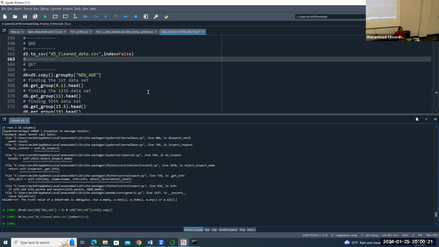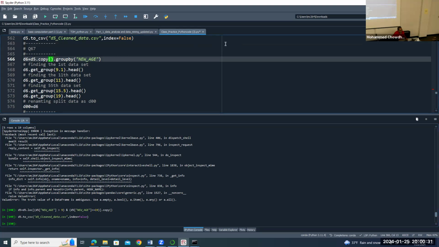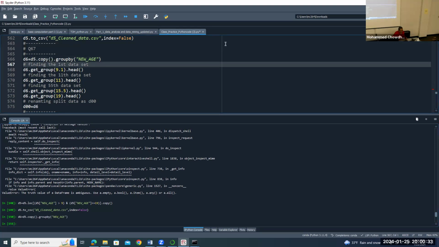Okay, so now you see the data, right? I want to group by the data. I want to split the data by new age. So line number 566, if I run, D6 is the data that has been created from the D5 data. Now I want to see the data corresponding to age 9.1.